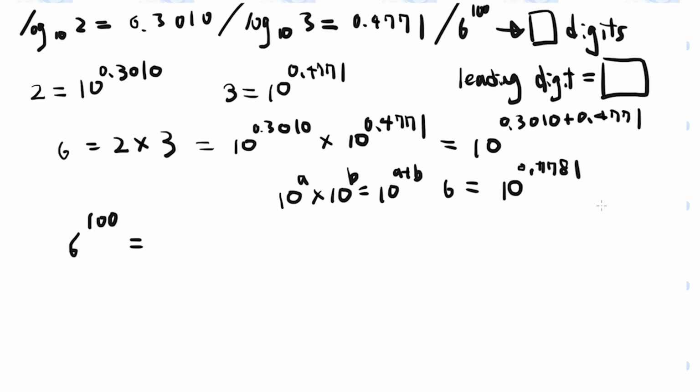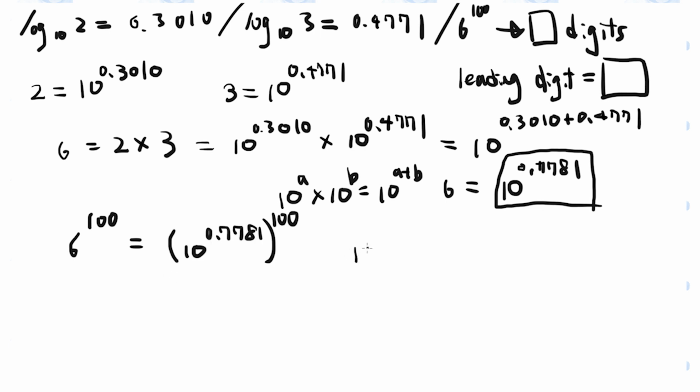100? 6 can be replaced with this, and recall that 10 to the power of a to the power of b is 10 to the power of a times b. Therefore, this is 10 to the power of 77.81.